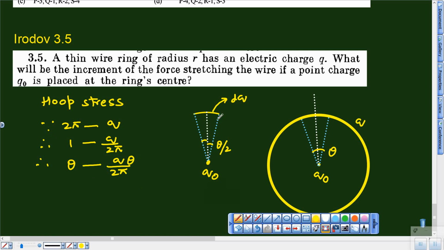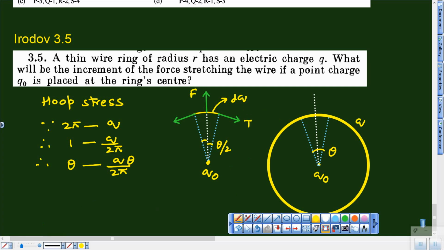And thus the forces which are acting on this element are Coulombic repulsion and tension T, and we are required to find this tension T. This force can be called F, Coulombic repulsion.